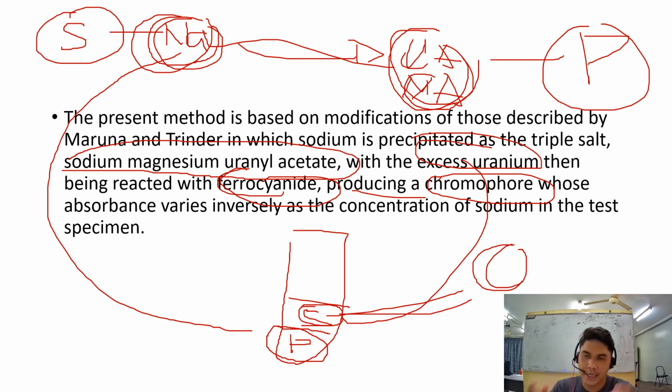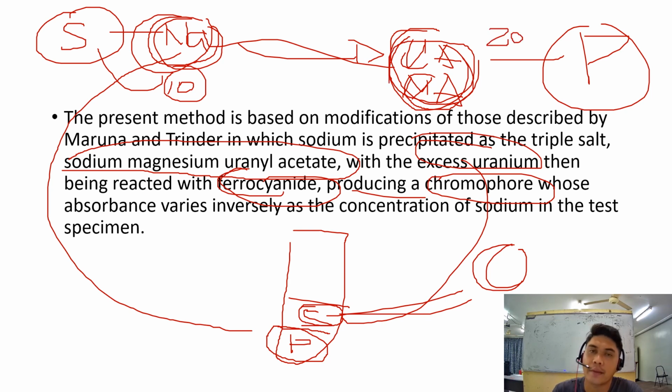Let's say there are 10 available sodium in the specimen, and for uranyl acetate and magnesium acetate, there's 20. The ratio is 1:1, 1 sodium for 1 uranyl acetate.